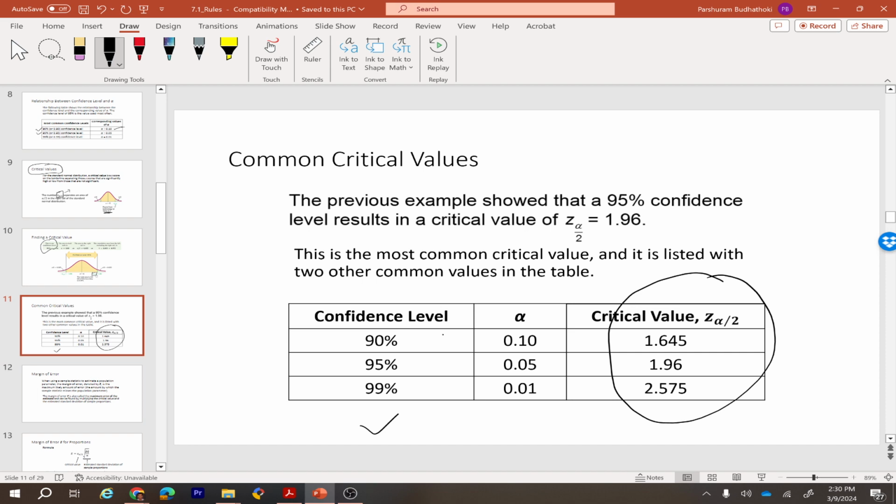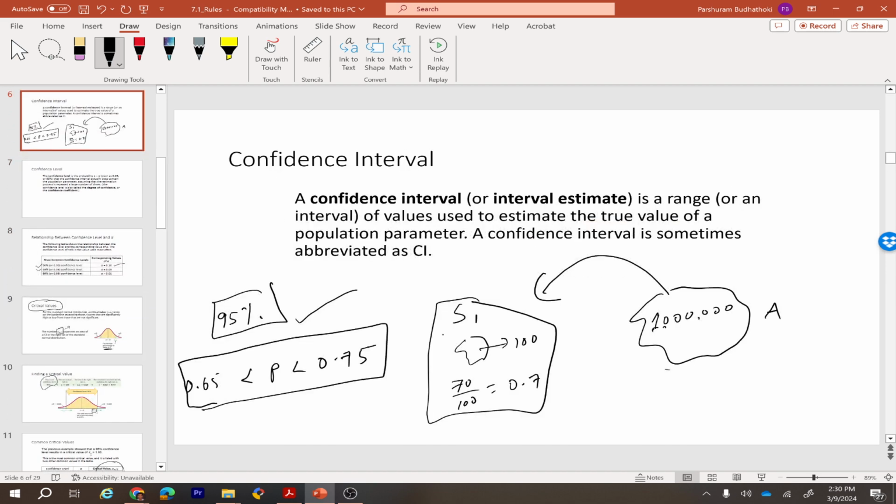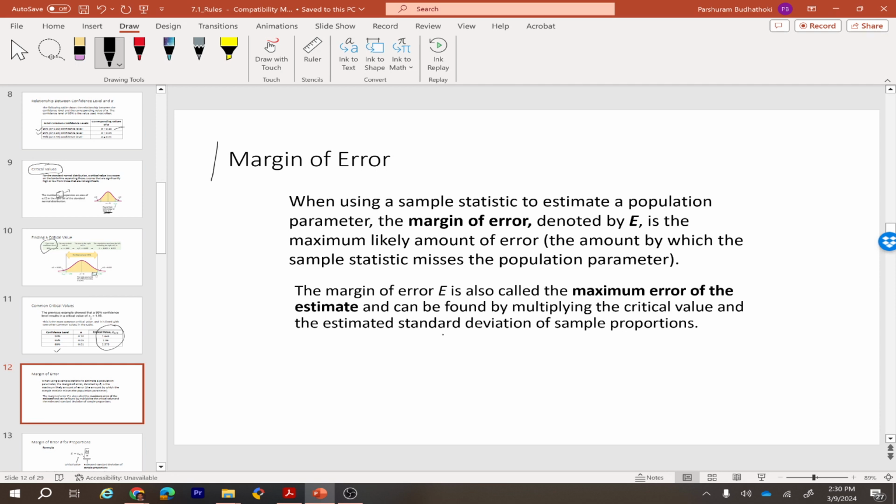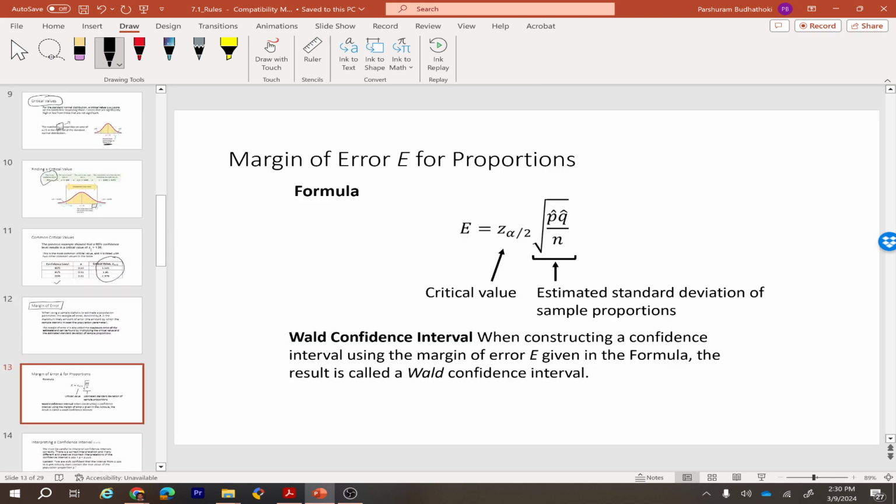When we try to find this confidence interval with some level of confidence, sometimes we might get error. So we need to calculate what our margin of error is. How do we calculate that? That's called margin of error, and this is the formula.